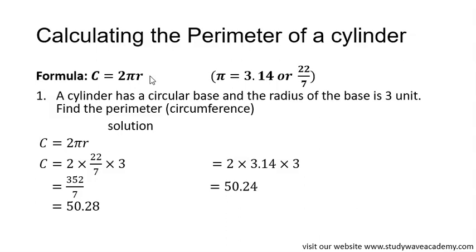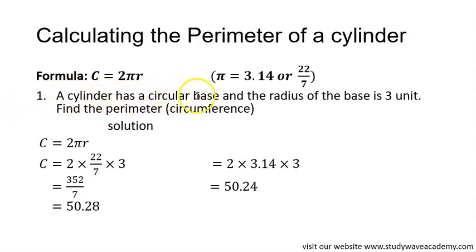Do you understand? If you have a cylinder and you want to find the perimeter of its circular base, you would use this formula, okay? C equals 2 pi r. Do you understand?